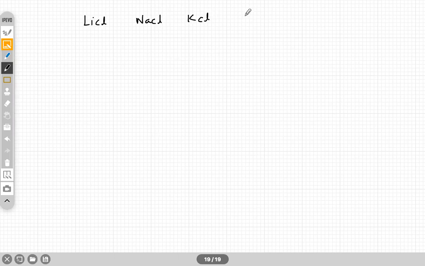So here you see, based on this, if I ask you the order of covalent character in this molecule, LiCl, NaCl, KCl, RbCl, which one has maximum covalent character?